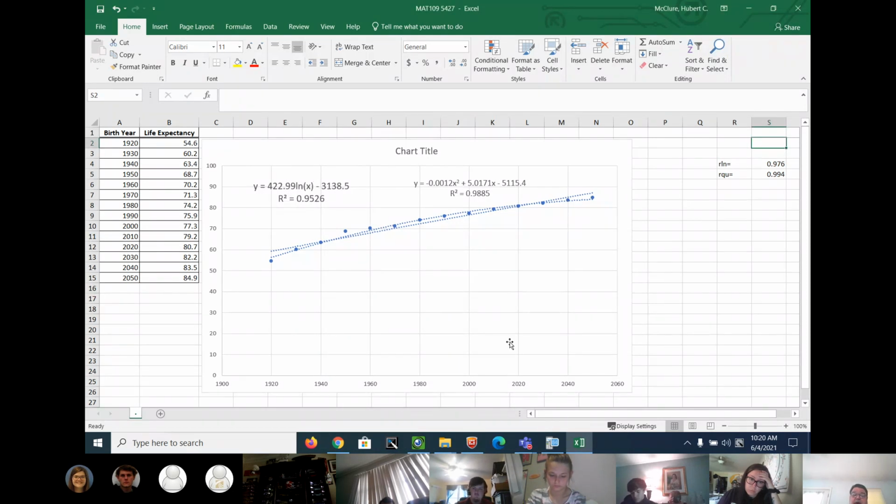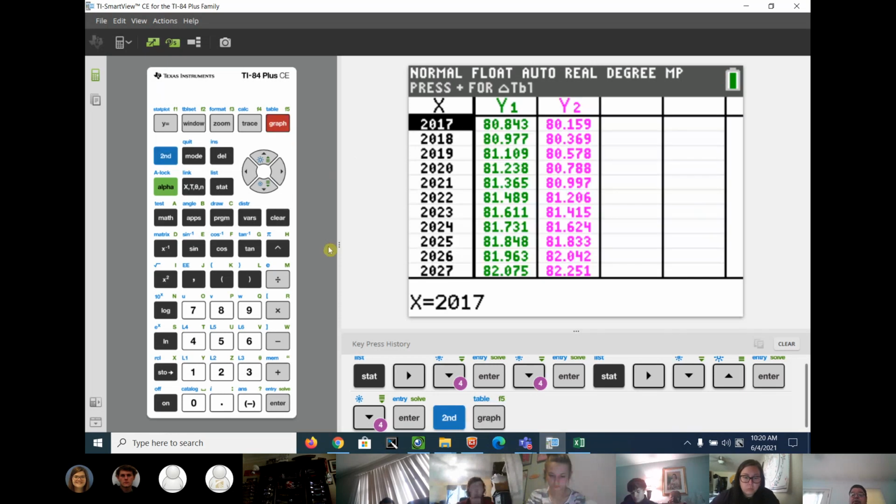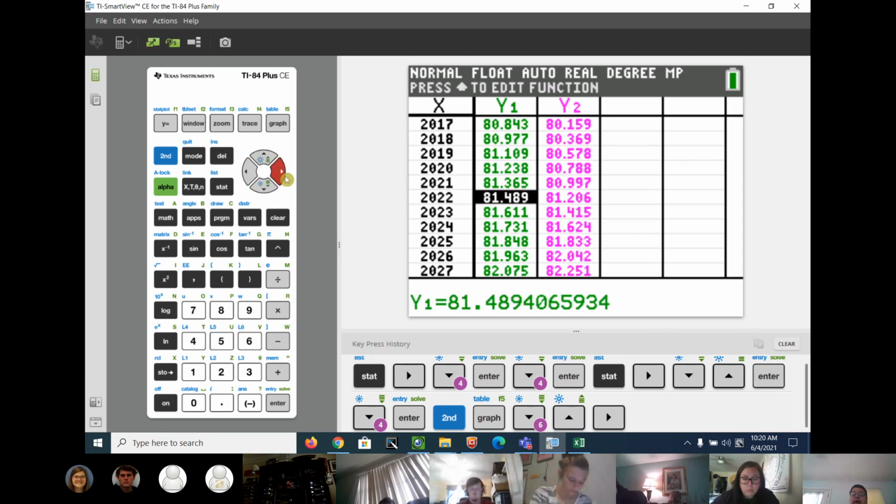Now, the good thing about the calculator is you can pull up the table and pull up second table, and you can find what you need. I think they asked for 2022. And there is, by the quadratic, 81 million or 81,000 or whatever the units are.